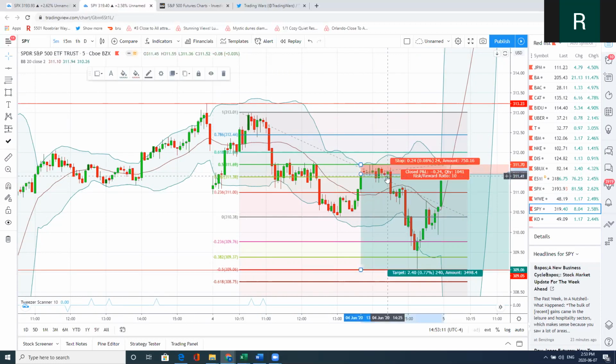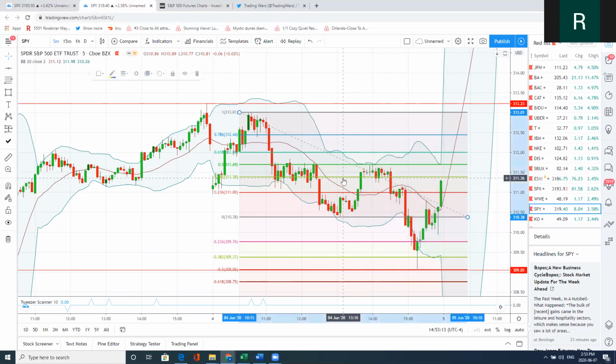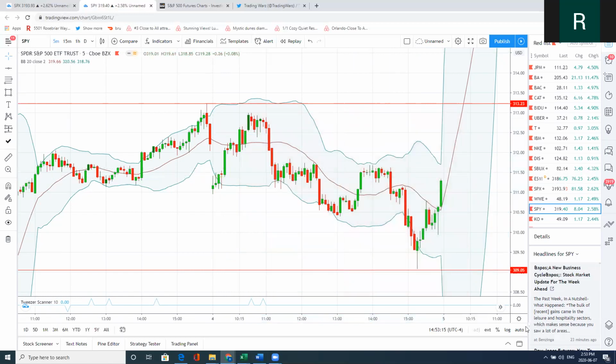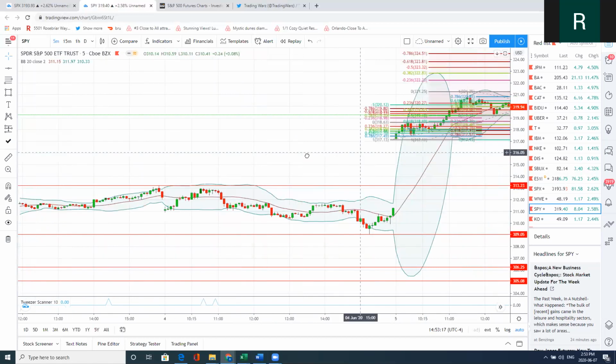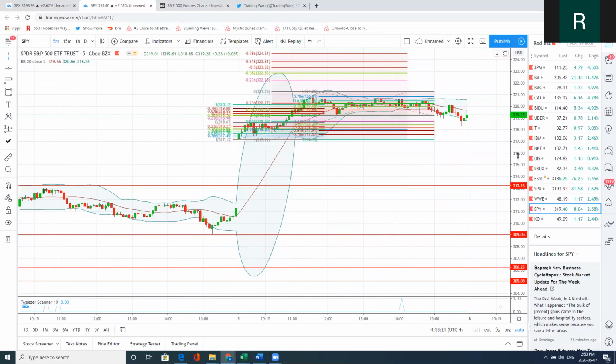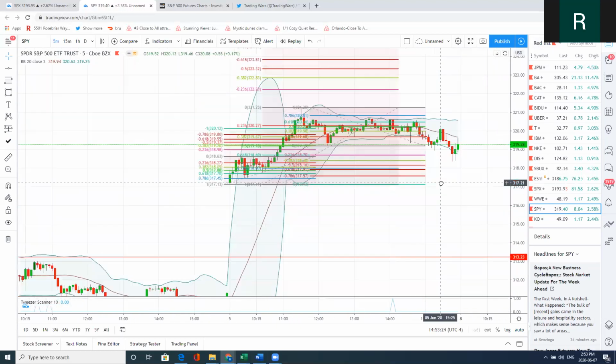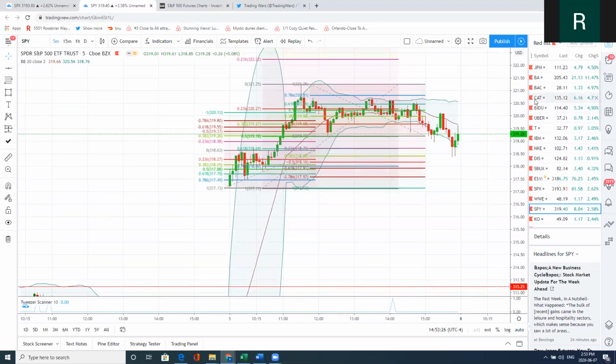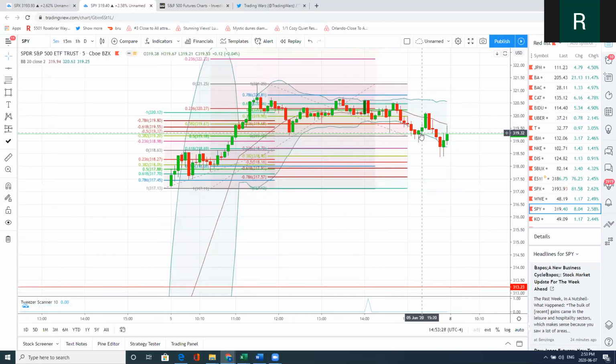Okay? So in terms of which Fibonacci retracement is the best, which targets are the best, it all depends on what you're trading. Every instrument reacts to Fibonacci in a different way. So you have to do the due diligence to go back and test to figure out which ones are the best based on what you're trading.